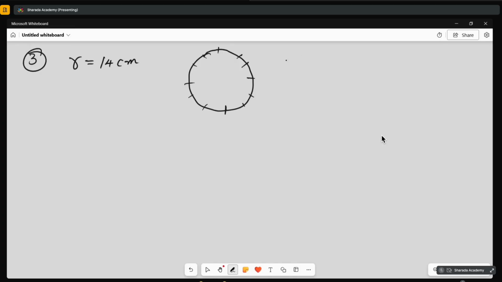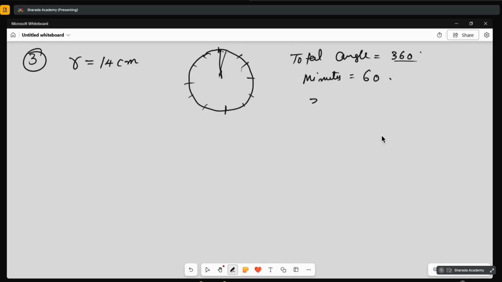So we will have the whole angle, the total angle, which is 360 degrees. How many minutes will be there? 60 minutes. Total angle is 360, so minutes is 60. So for 1 minute, how much angle will it cover?